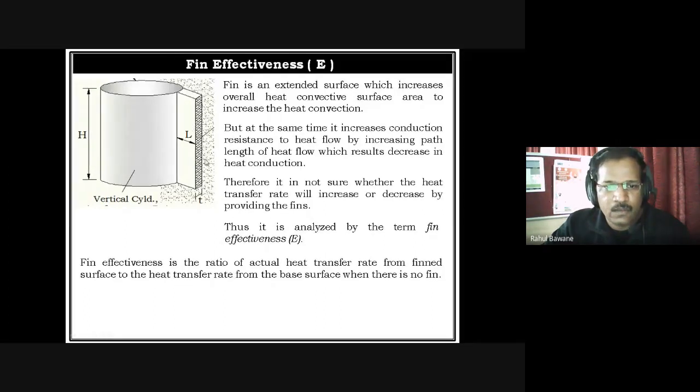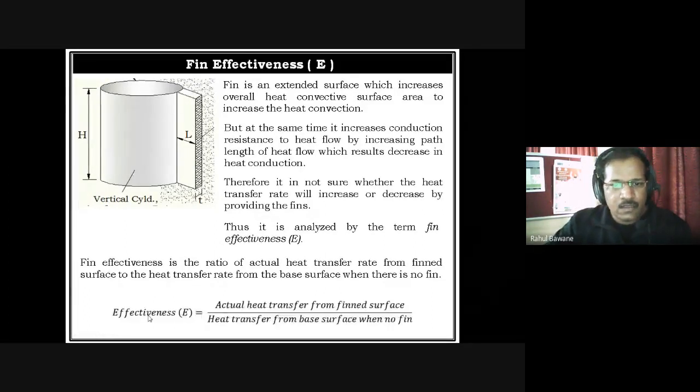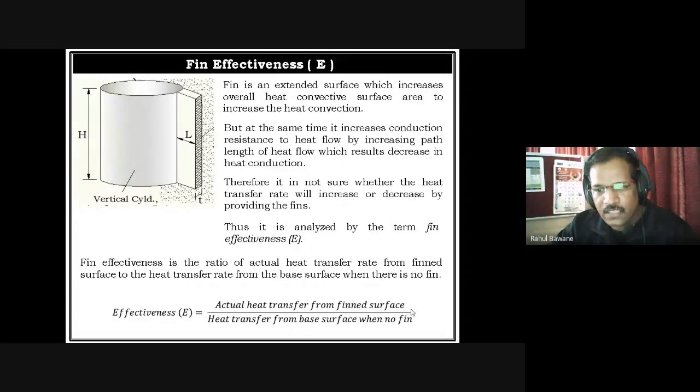So the effectiveness formula will be the actual heat transfer from the fin surface when there are fins, to the heat transfer from the base surface when there are no fins. If the actual heat transfer is more than without fins, the effectiveness value will be positive.